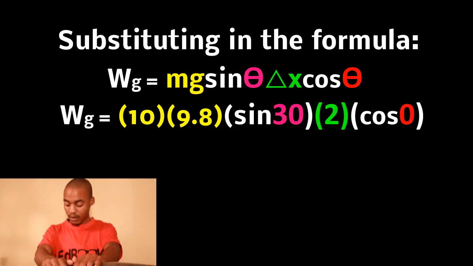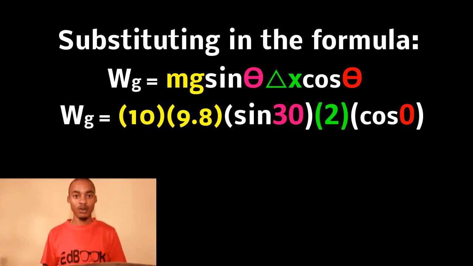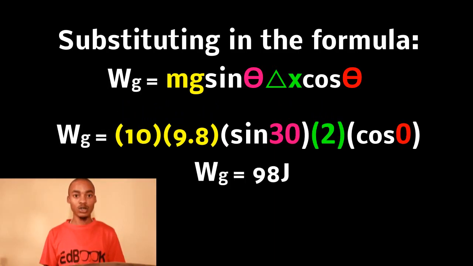Then our delta x, we know it's 2 meters, and since the object is moving down the slope, we substitute cos of 0 there. Working it out, we can see that our force that is parallel to the inclined surface sums up to 49 newtons. And then overall we have the work done by the parallel component of gravity as being 98 joules.